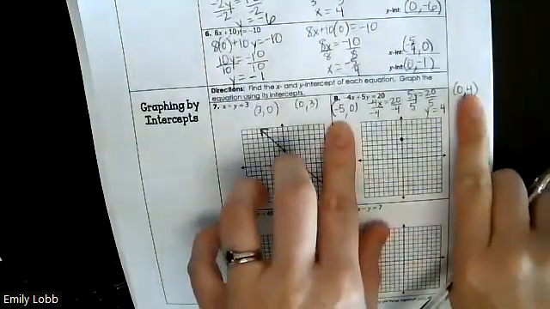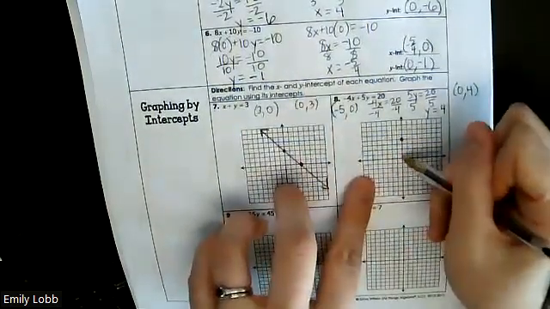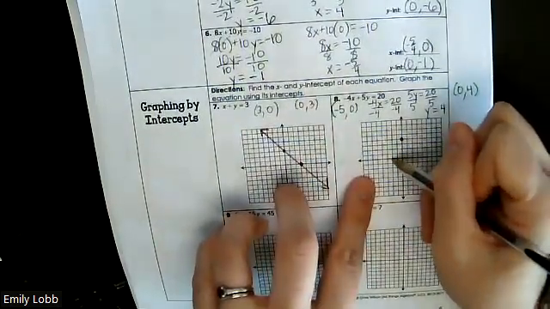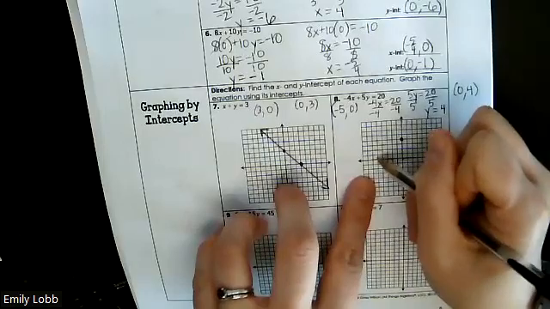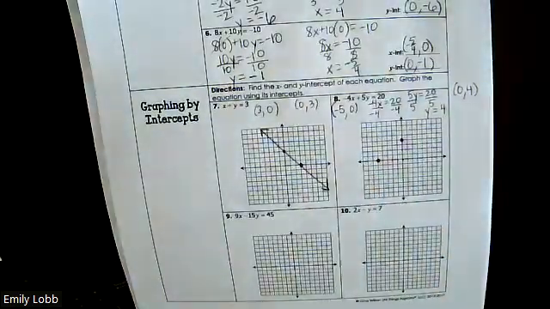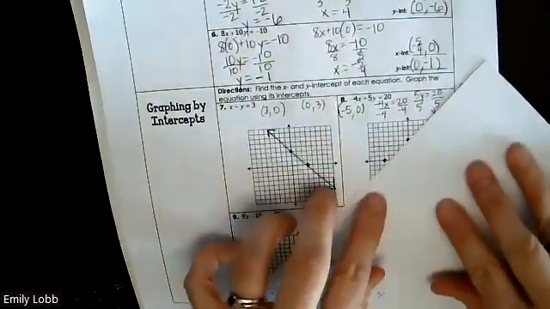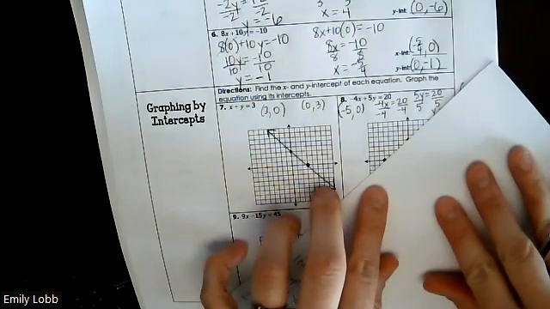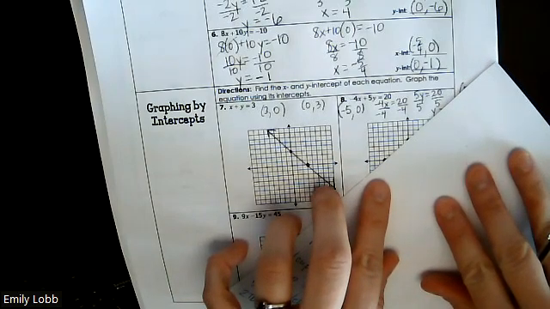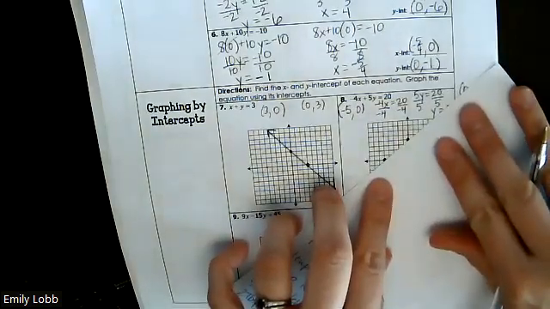So now that we have 2 points, we have to plot negative 5, 0. So we're going from 0 to the left. 1, 2, 3, 4, 5 places to the left. All right, so once we have 2 points, we can draw our line.